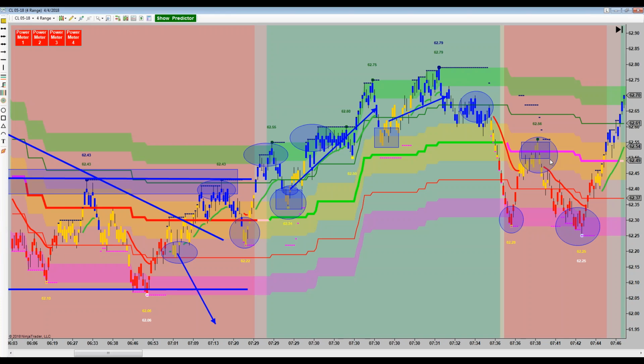Now, that being said, let me throw a wrinkle at you that is something that is hard for some traders to accept, but it is a way that we teach it. There's something called the phantom trade. And the phantom trade is where you are in a trend. In this case, the trend was up here.